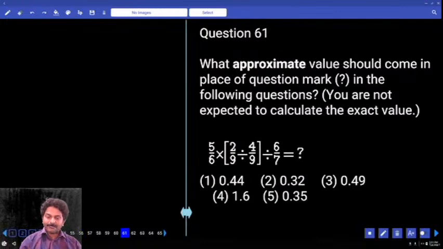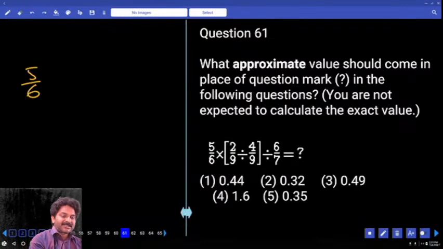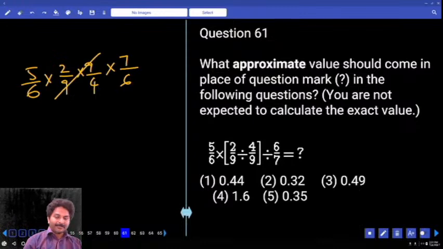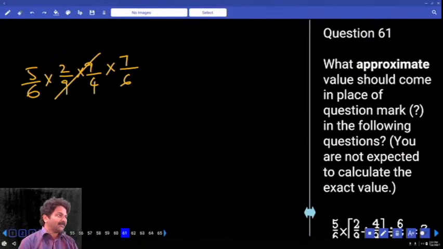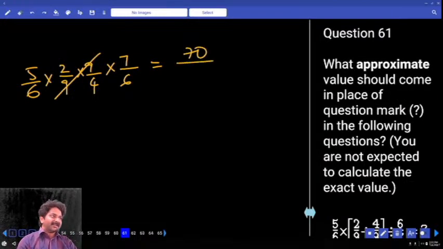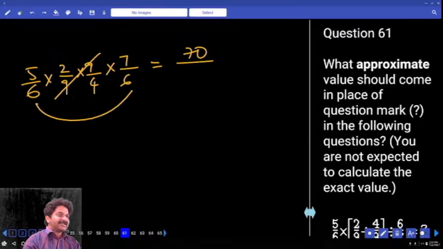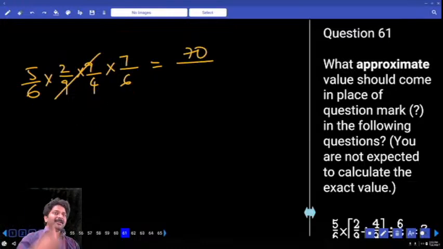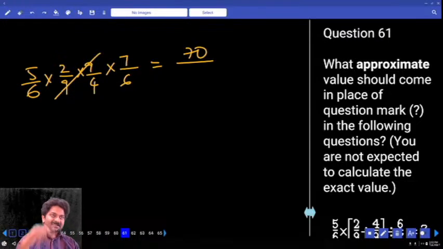Approximations. 5 by 6 into, tell me numbers. 2 by 9 into 9 by 4 into 7 by 9 cancel. I don't want to cancel 2 and 4 here. Keep them as it is, because easily I can write my numerator as 70. 6 into 6, 36, how many times? 4 times, double, double: 36, 72, 140.